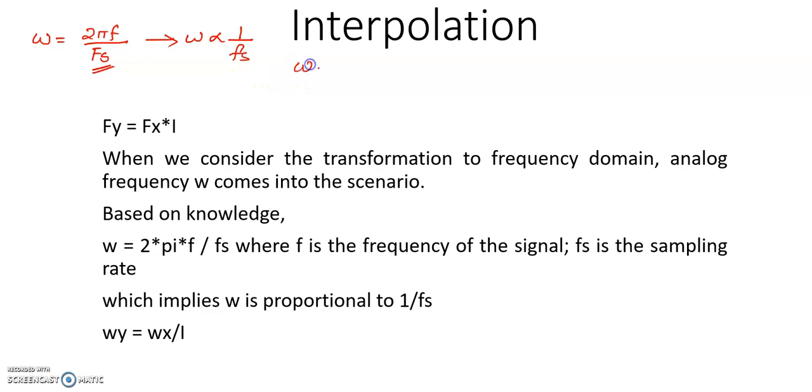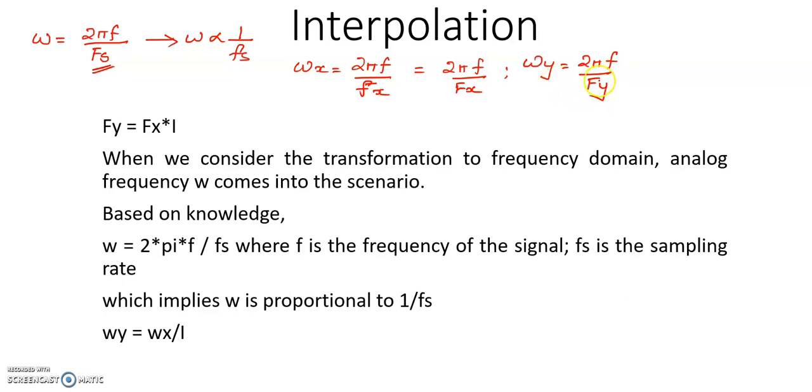We start off with the equation at the input side. Omega x will be equal to 2 pi f by fx, which is the sampling frequency at the input side. Similarly, we will try out omega y. Omega y will be equal to 2 pi f by fy.